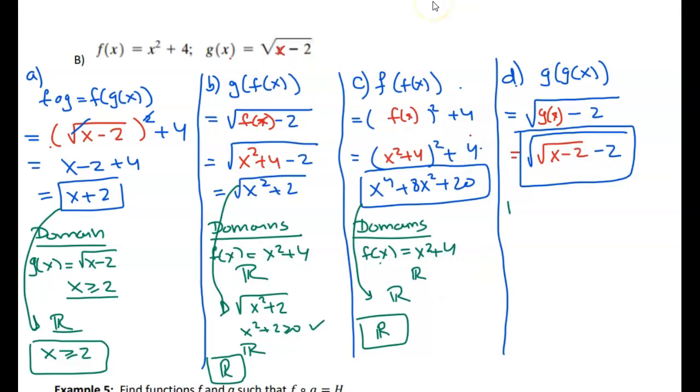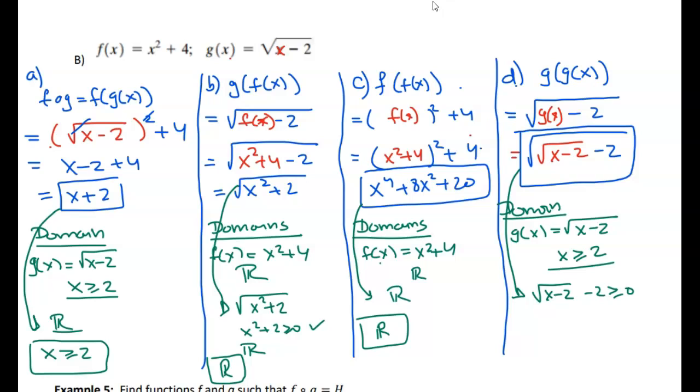Alright, so the domain. The inner function is g of x, which is the square root of x minus 2. This needs x minus 2 to be nonnegative, so x has to be bigger than or equal to 2. So there are some restrictions there. And now we need to look at the outside. The inside of this big square root needs to be bigger than or equal to 0. So the square root of x minus 2 is bigger than or equal to 2.